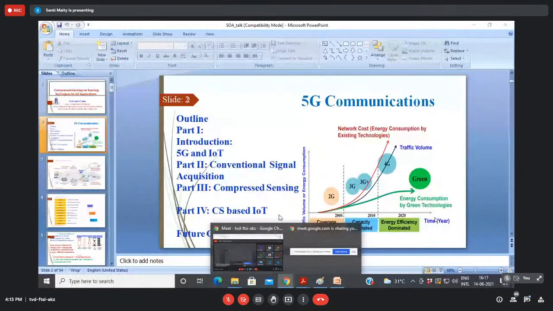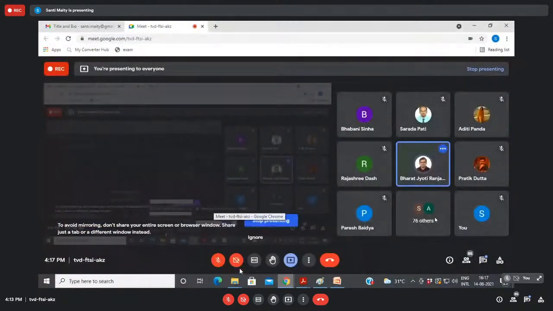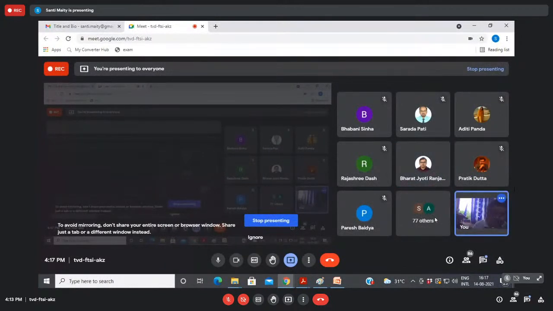Please unmute in the Google Meet screen, the left side Chrome window. Please speak out. Yes, but this is very weak. Your microphone is not working properly.